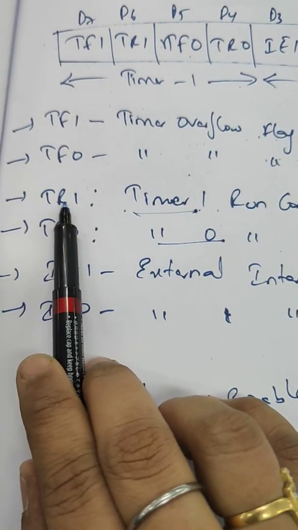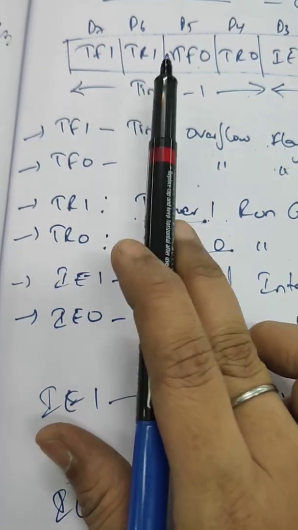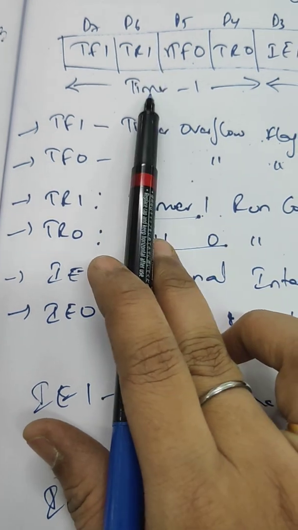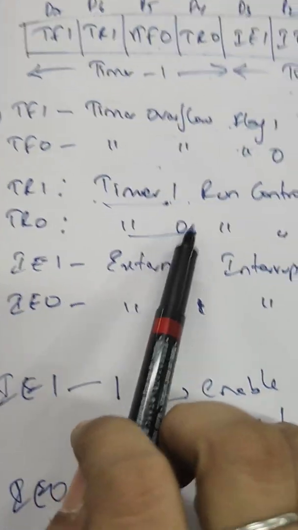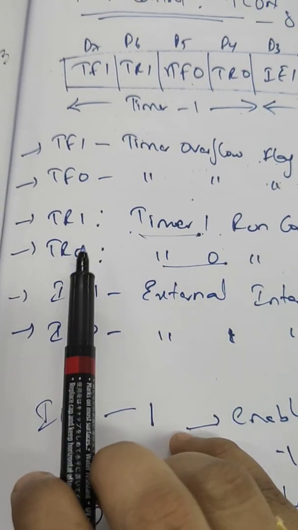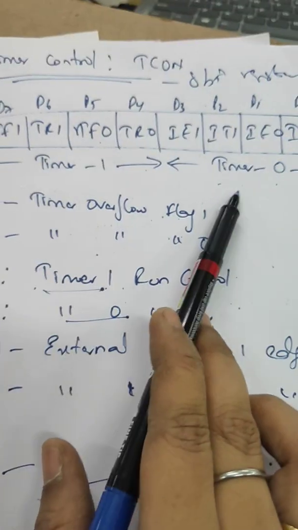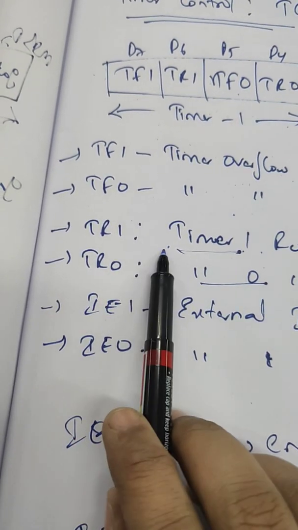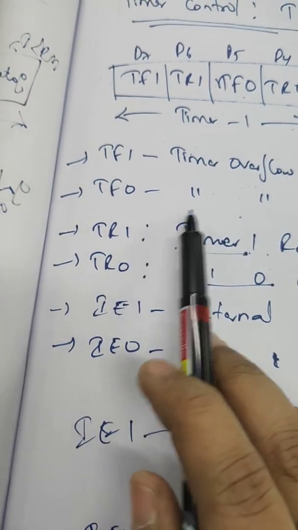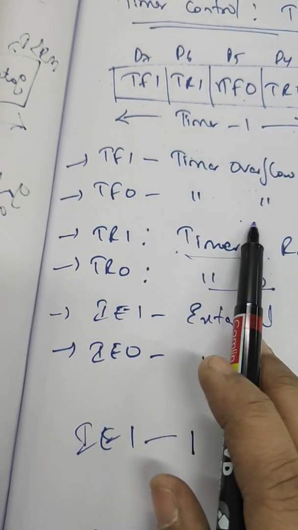Here it is set to 1 when timer 1 is started or stopped. TR0 means timer 0 run control. Here we start or stop timer 0 when it is equal to 1. Otherwise it is 0, or else all the conditions will be opposite. That is, if it is 1, it becomes 0.